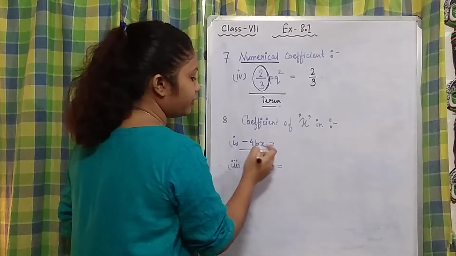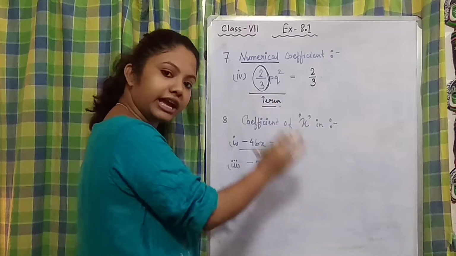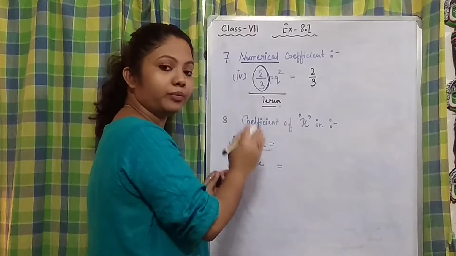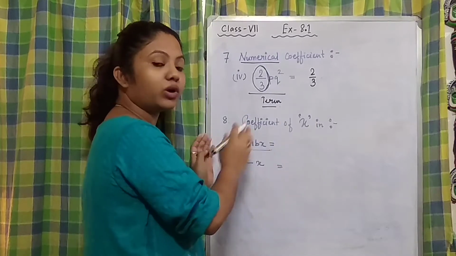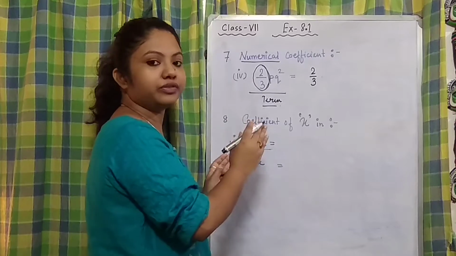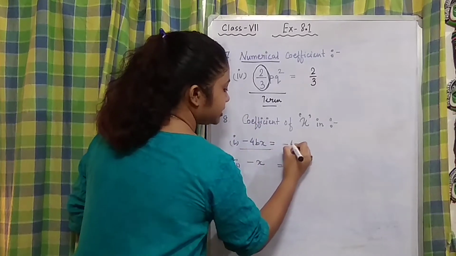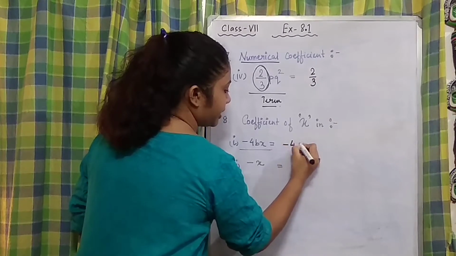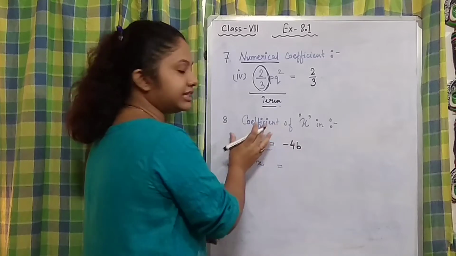This term contains x in minus 4bx. So other than x, what is remaining? That is the coefficient of x. So other than x, what is there? Minus 4b. So minus 4b is the coefficient of x in this term.